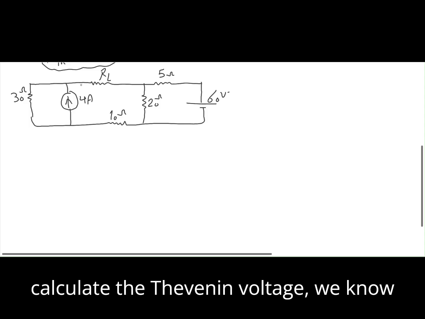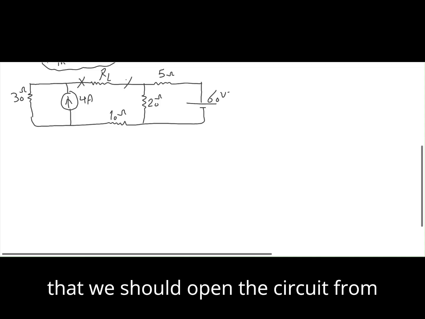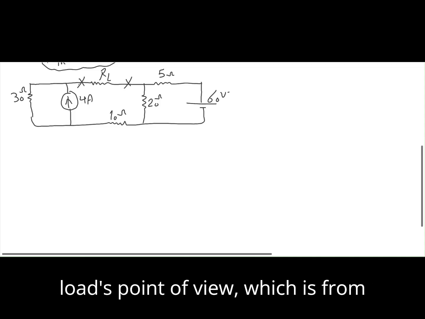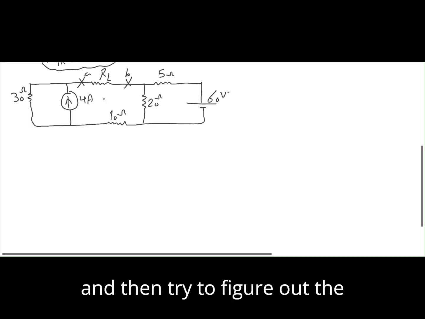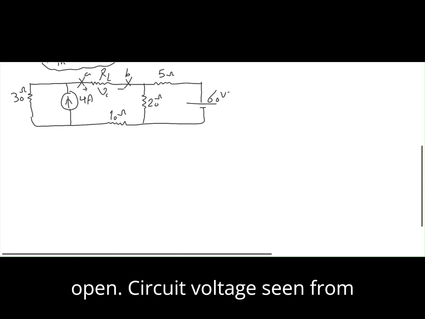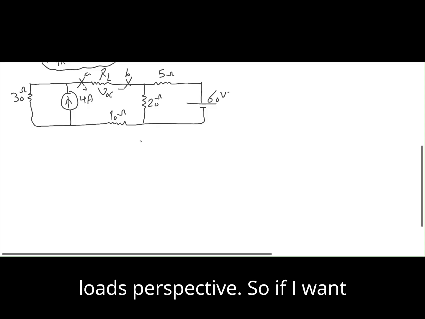In order to calculate the Thevenin voltage, we know that we should open the circuit from the load's point of view, which is from these 2 points, let's call it A and B, and then try to figure out the open circuit voltage seen from the load's perspective.